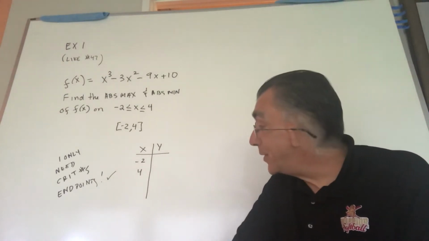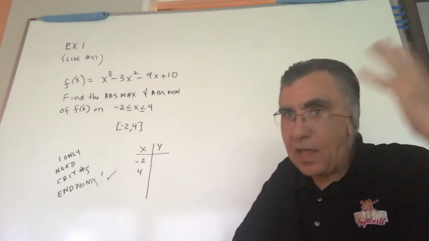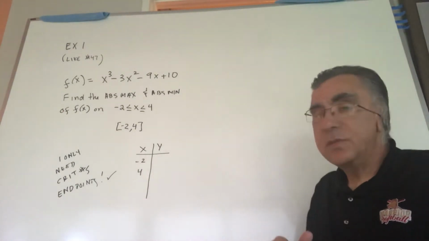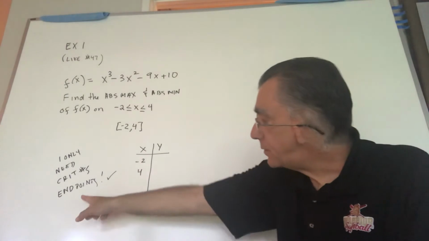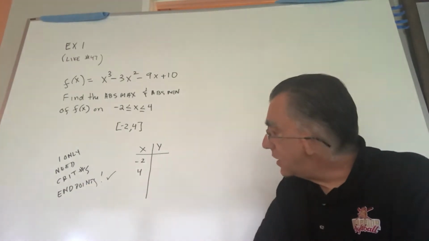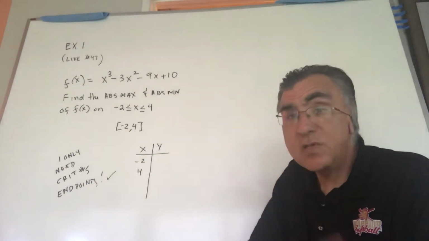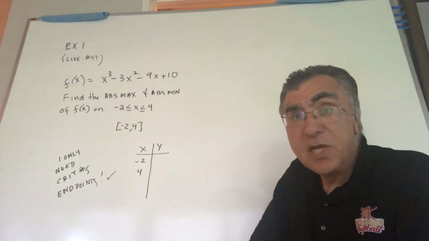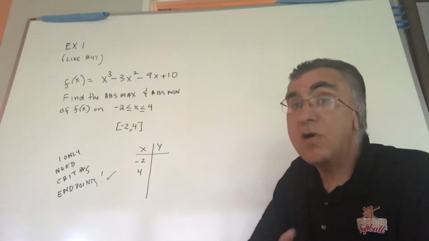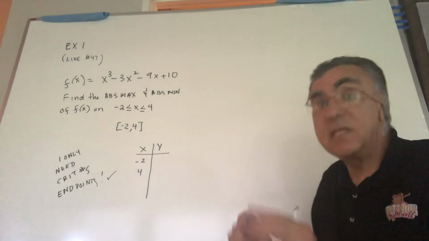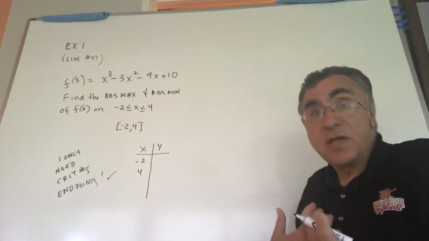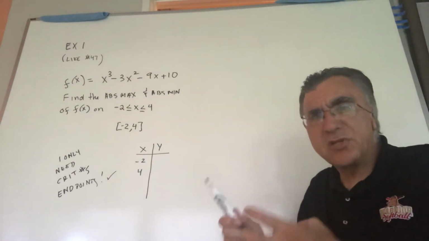So we're going to say that the endpoints are -2 and 4. If you remember from the previous lecture, I have to check those points, and I also have to check the critical numbers. I think I told you there's 3 major steps here.